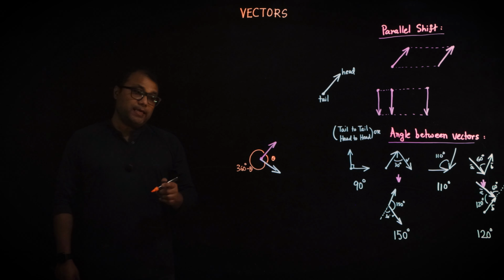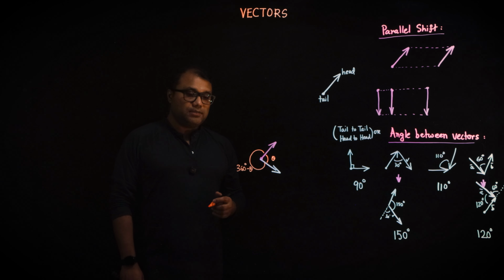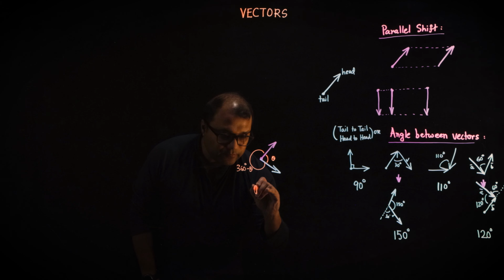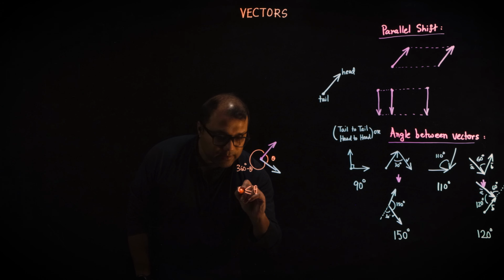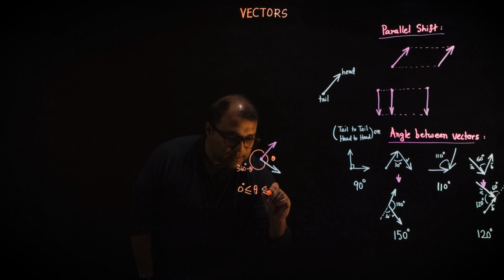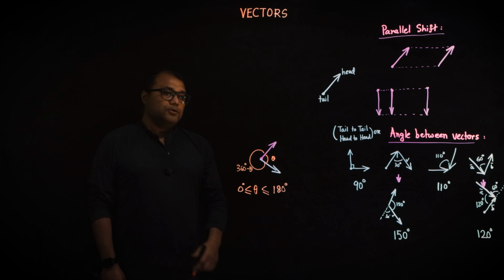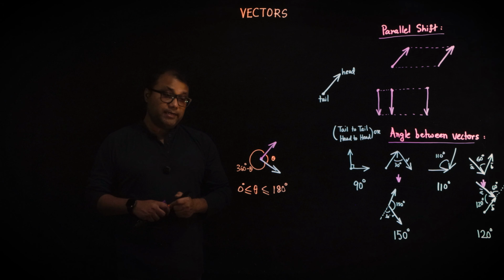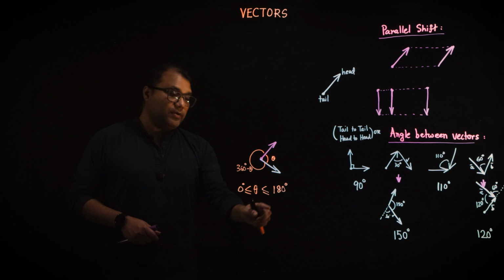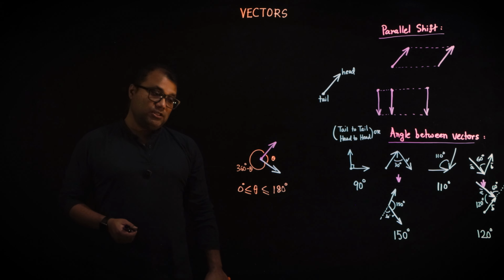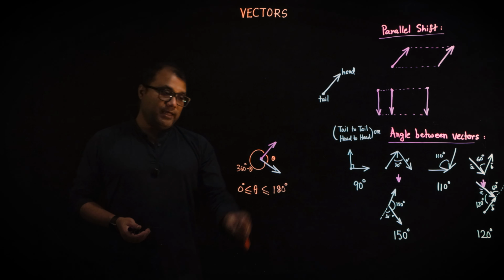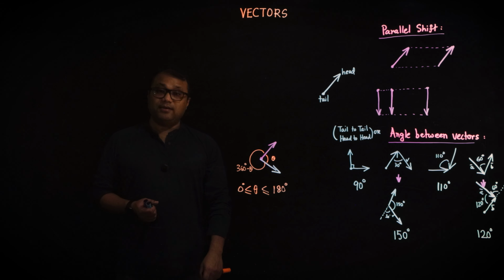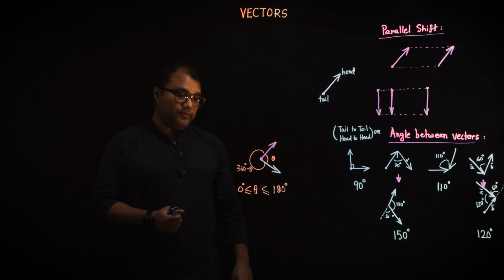Which angle should we take as the angle between vectors? The rule is the angle between vectors should be greater than or equal to 0 but less than or equal to 180 degrees. So if theta was 60 degrees, then 360 minus theta will be 300 degrees. This does not fall in this range. So we will have to take theta equals 60 degrees as the angle between the vectors.